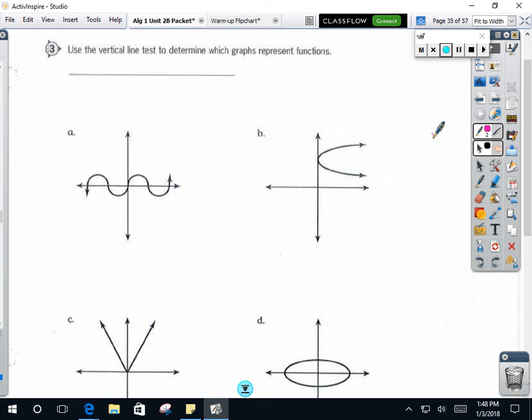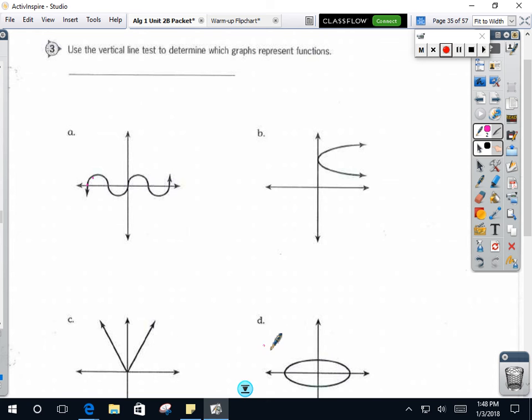Okay, number 3 says, use the vertical line test to determine which graphs represent functions. So right now, all 4 of these graphs are relations, okay? All 4 of these are relations because think about it. Aren't all of these graphs just lots of ordered pairs that are just connected?